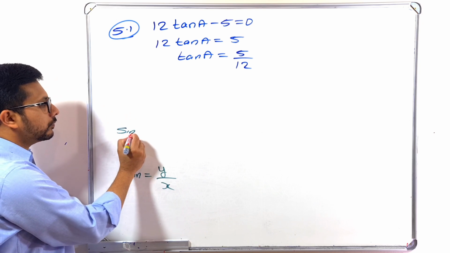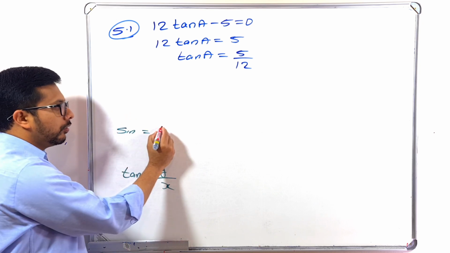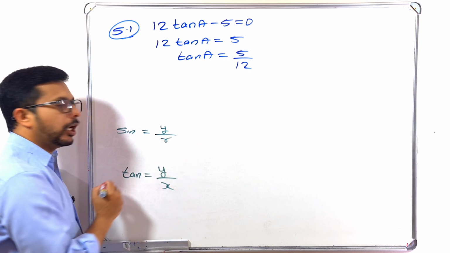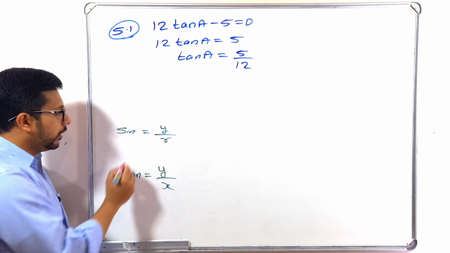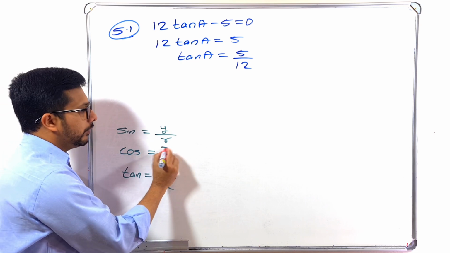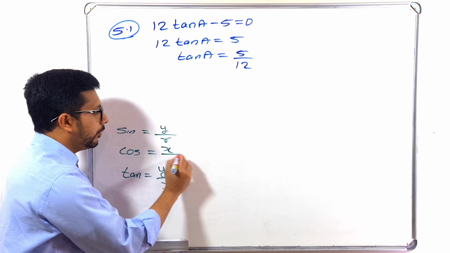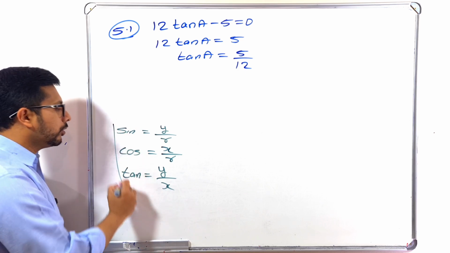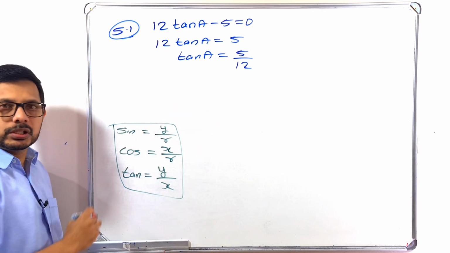And sine, what is the definition? Opposite side, that is y, divided by hypotenuse. Hypotenuse is r. Then what is cos? Adjacent side, which we represent with x, divided by r. Okay, hypotenuse. You have to remember this, then only you can do these types of questions.